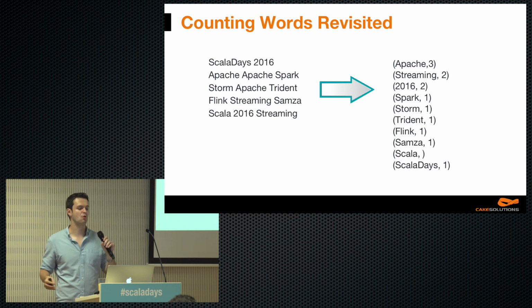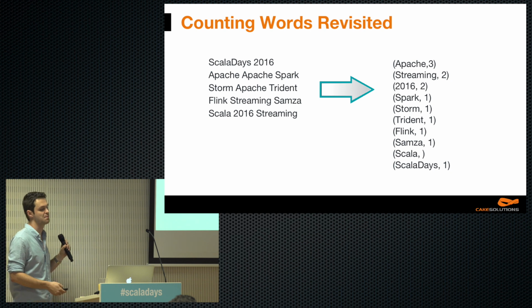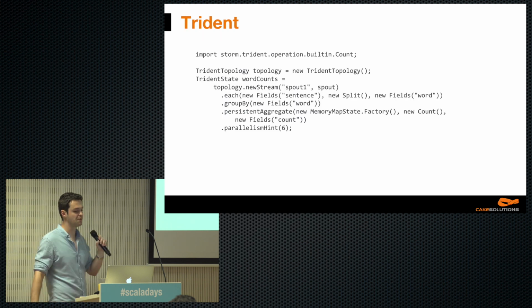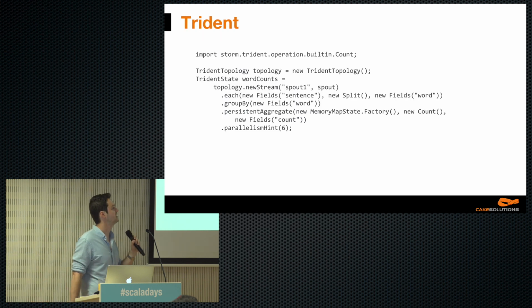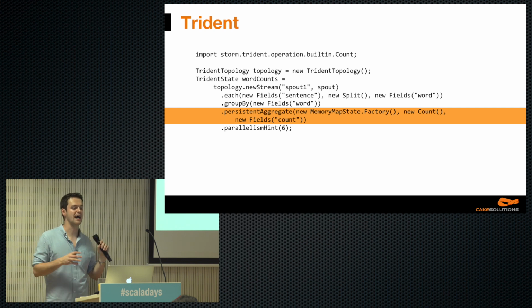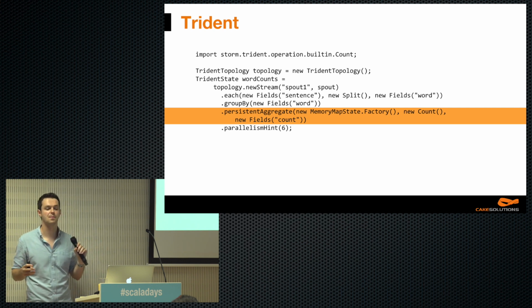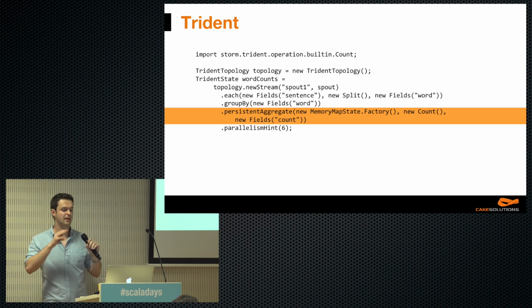So let's take one more look at how to count words, focusing on state management. Let's start with Trident. You may have seen a snippet already, as it is fairly similar to before. We can create a state by calling persistent aggregate. Important argument is count, which is a building component for storing numbers. As I said, if you would like to process data from it, you will have to create a stream for that.